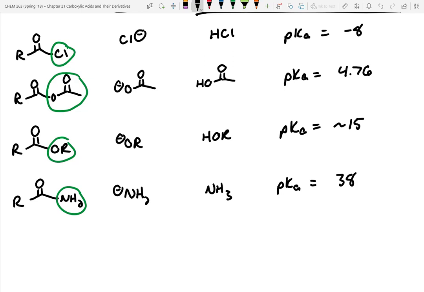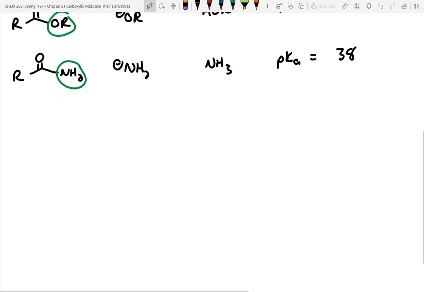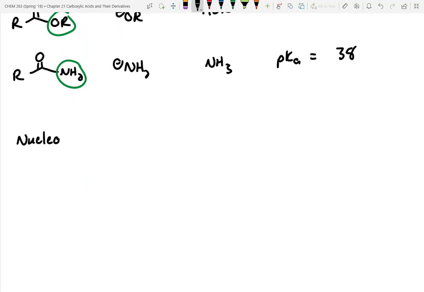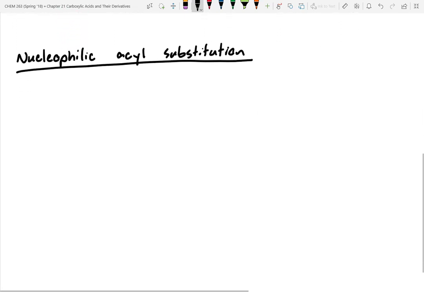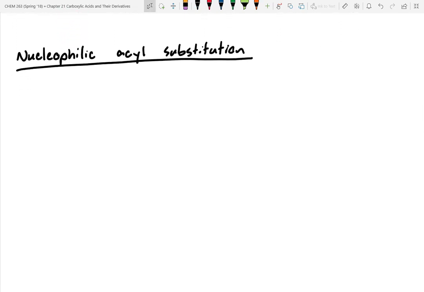All right, so let's take a look at just some super simple mechanisms. And this is called nucleophilic acyl substitution. And if you remember, an acyl group is something that contains that carbon-oxygen double bond, and all it's saying is we're going to swap off that leaving group for some other nucleophile.